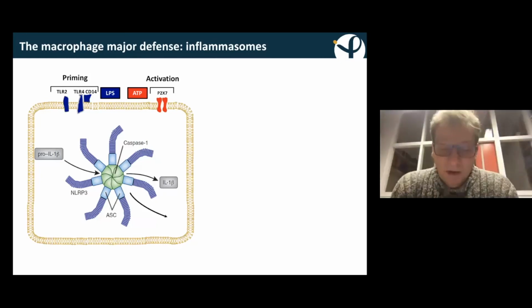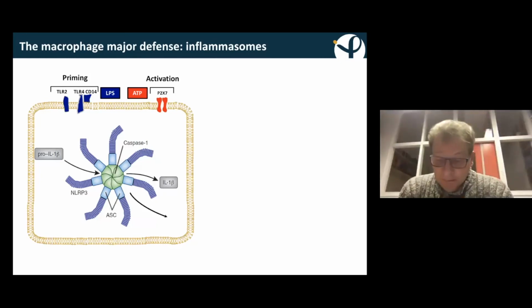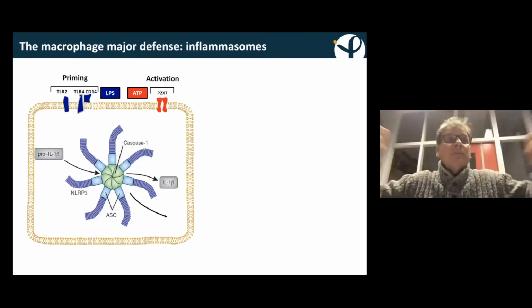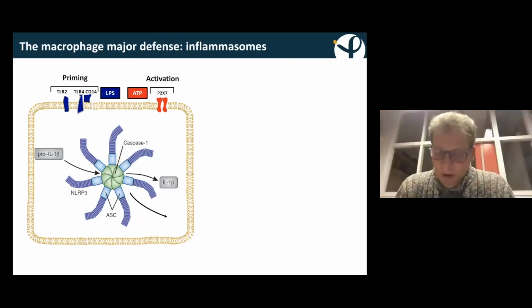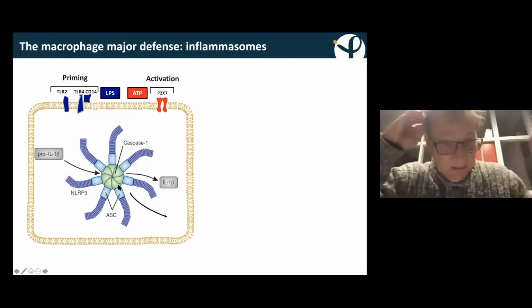And so one system that is really important for the macrophage to signal to the entire immune system, danger, there is an infection, is a protein complex inside the macrophage that is formed in response to products of microbes. And this complex is formed by about four proteins. It's really like a machine. It really looks like that. There is some electron microscopy.